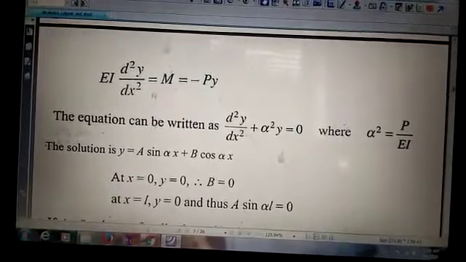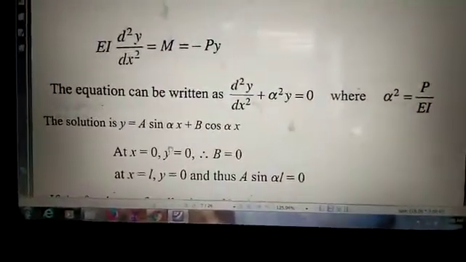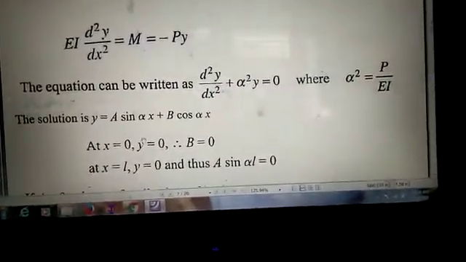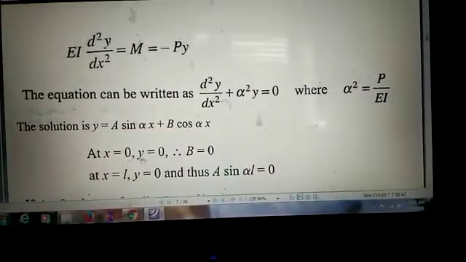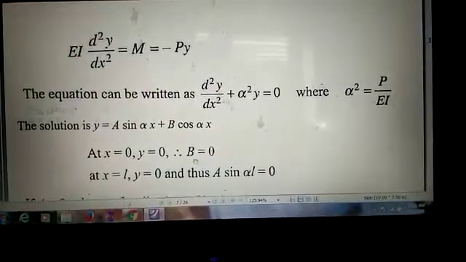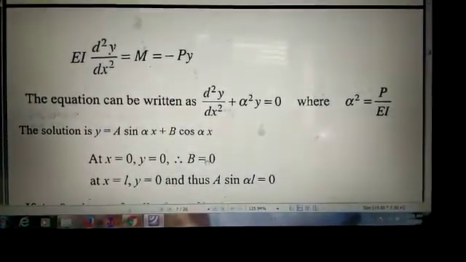The solution for the above equation is y equals a sin alpha x plus b cos alpha x. At O, the value of x is 0 and the value of y is 0. So the value of b is 0.